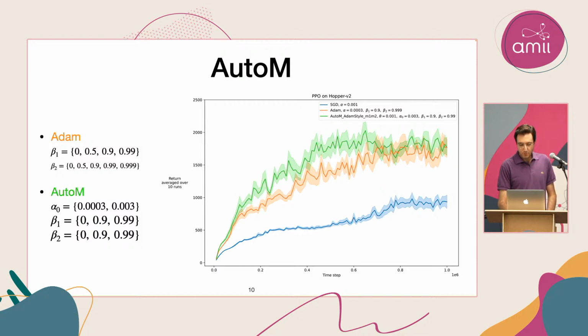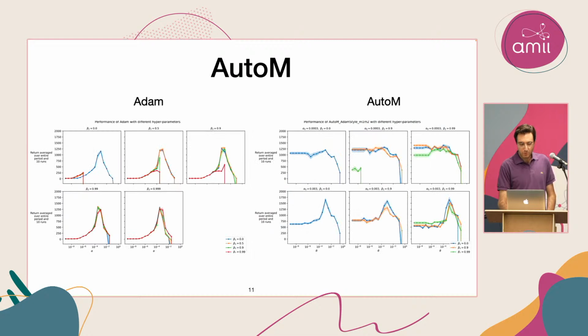So another important thing was to compare the sensitivity of these two algorithms in terms of the step size or meta step size. On the left we have Adam, and for it, there's always a peak for all different hyperparameter values. Now every point in these plots is the average of runs with a particular hyperparameter setting.